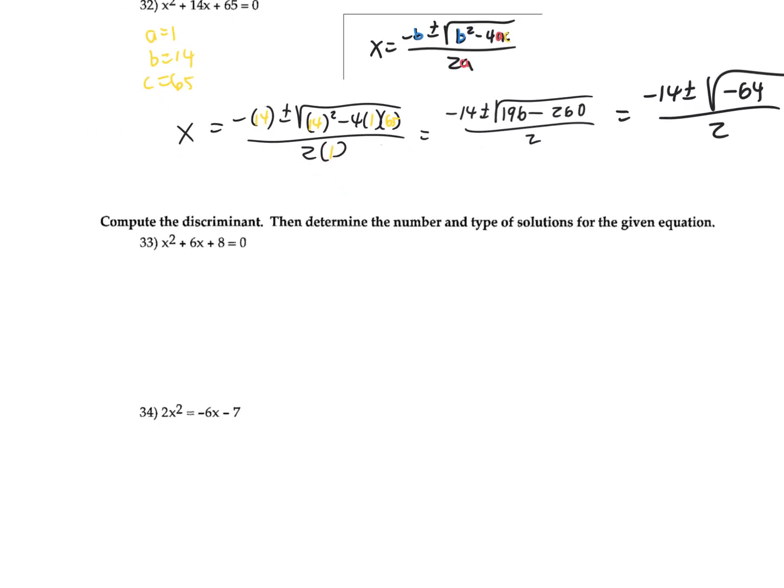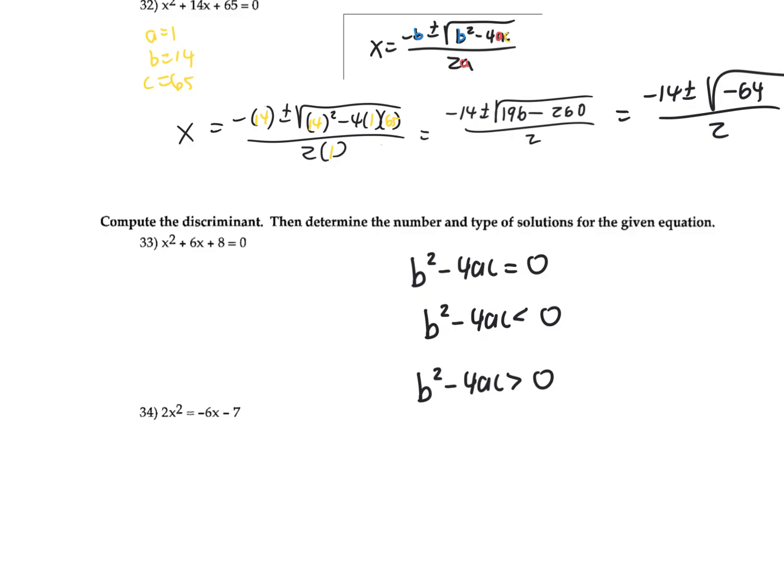Over here, compute the discriminant, then determine the number and type of solutions for the given equation. So the rules are as follows with discriminants. Hopefully my student remembers that there are 3 pieces of information to remember, okay? One of them has to do with this equaling 0. Another one has to do with it being less than 0.